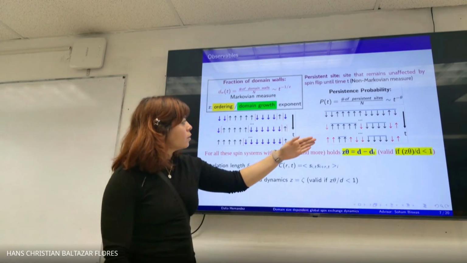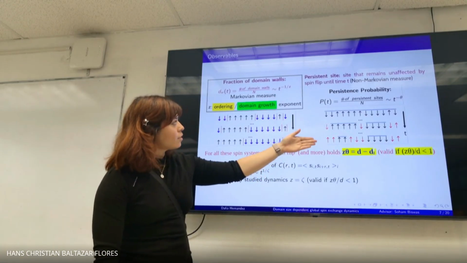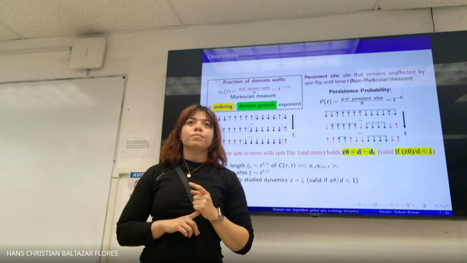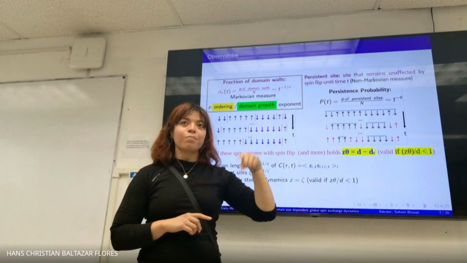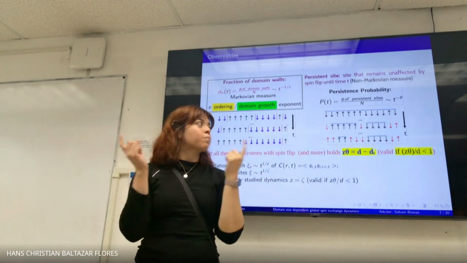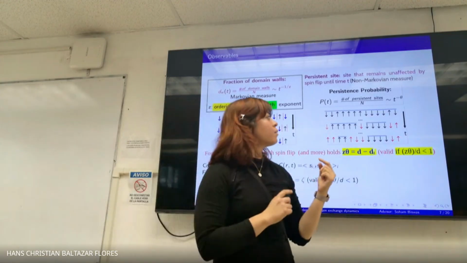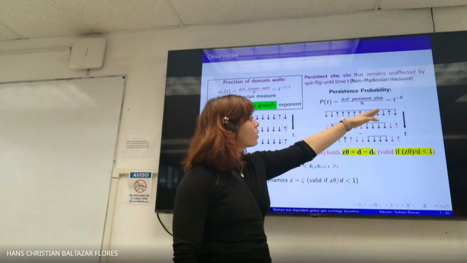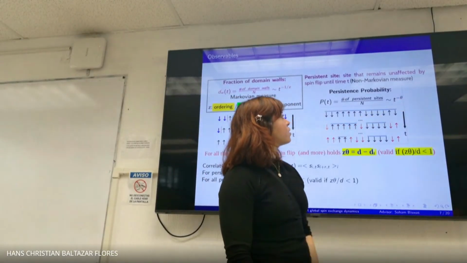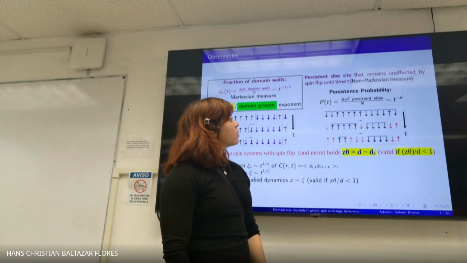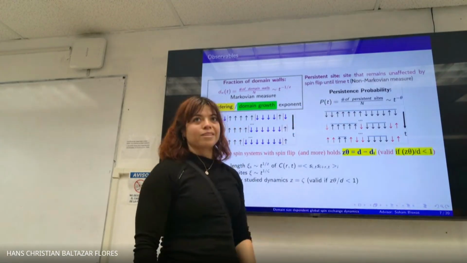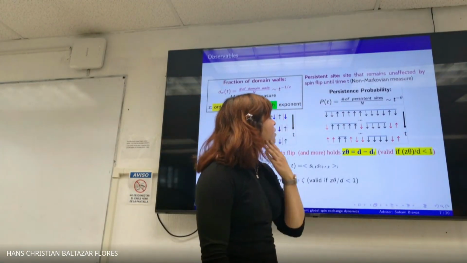Now we study persistence. This is the probability that a spin doesn't flip or doesn't make a spin exchange until a certain time t. And this goes as a power law with exponent minus theta. Basically, the persistence probability is the number of persistent sites over the size of the lattice.